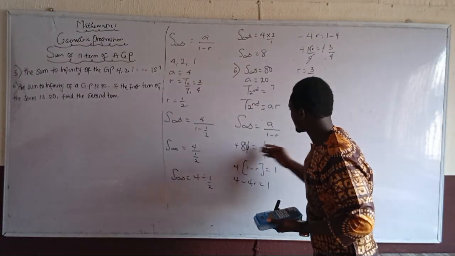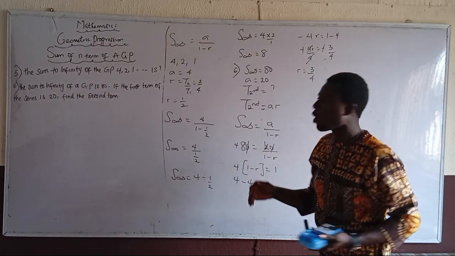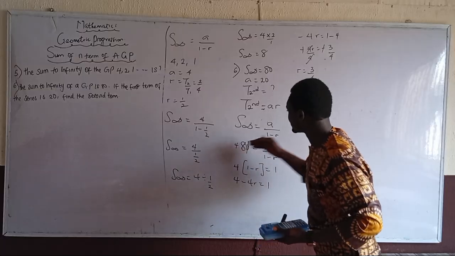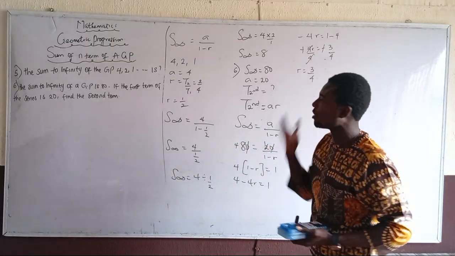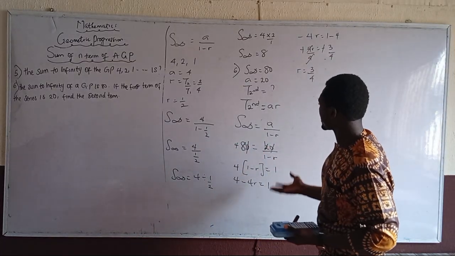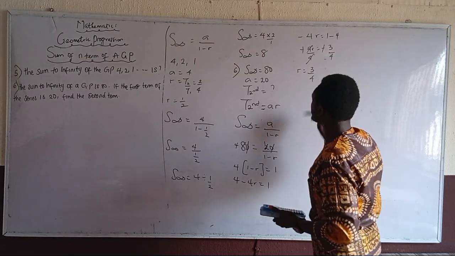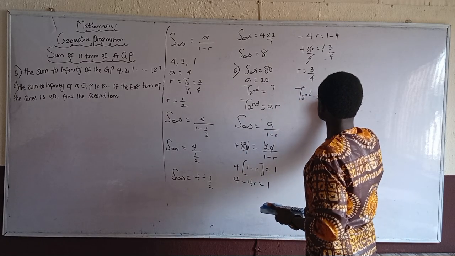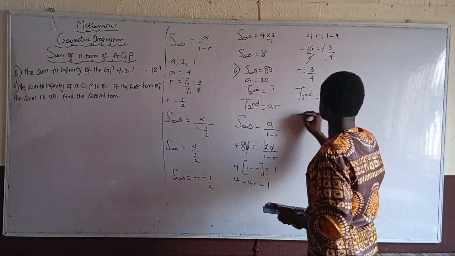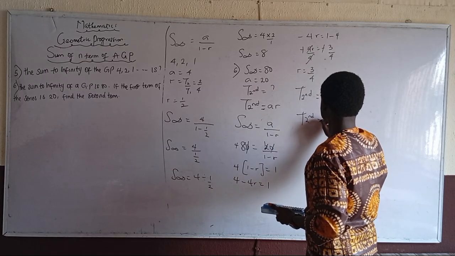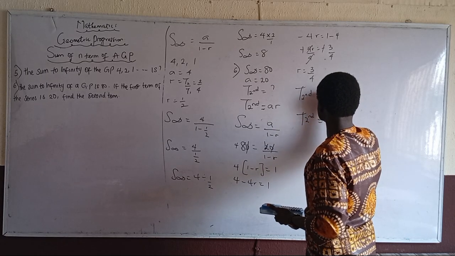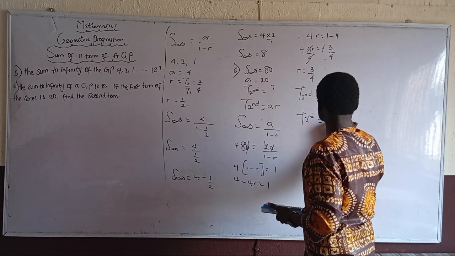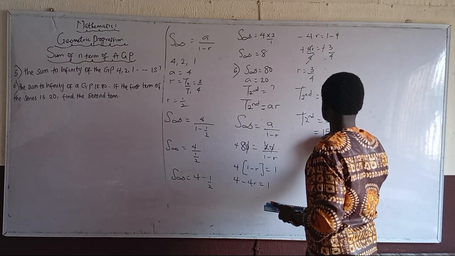If you have the same thing on both sides, they can cancel, or if a number is common, I can divide both of them. That's why I did 20 here 1, 20 here 4. So my T2 is 20 times 3 over 4. 4 here 1, 4 here 5. And 5 times 3 is 15.